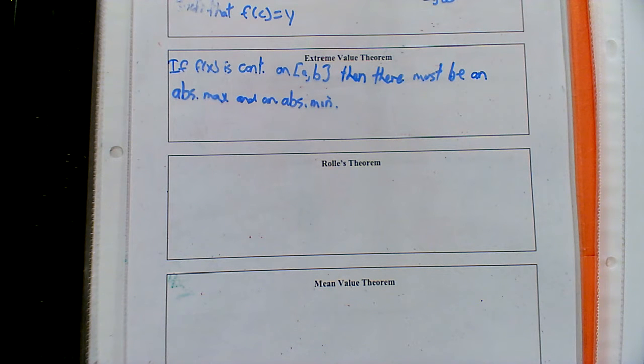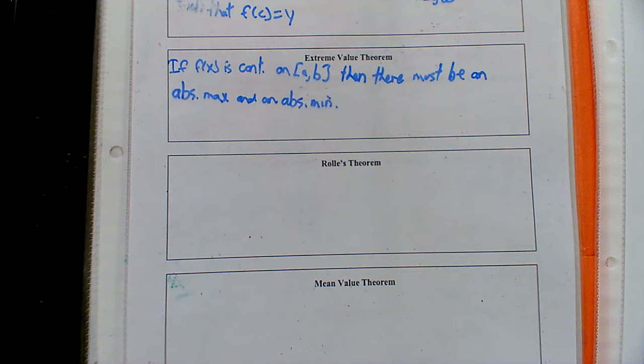The next one we talked about last week, Rolle's theorem. Does anybody remember what Rolle's theorem says? Need to look back, go ahead, remind yourself. Anybody remember? At least the idea of it?